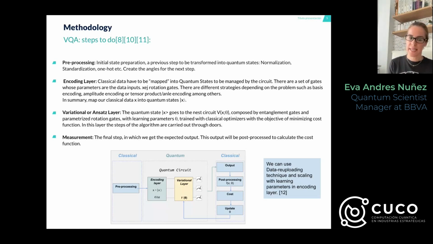The objective of this technique is to get a more expressive circuit that can approximate the input data in a better way. I mean, suppose that you have a sine function, so you just have a very simple function. With this, you can express very little data.